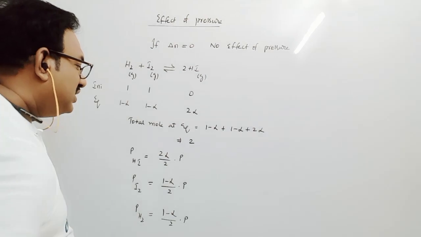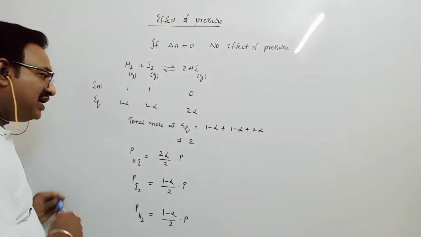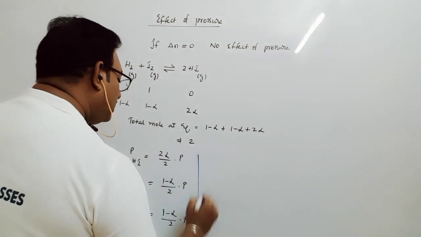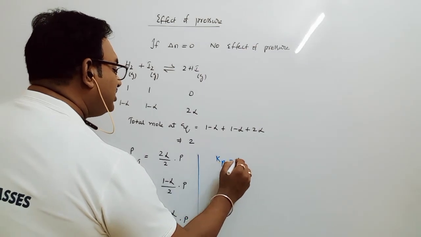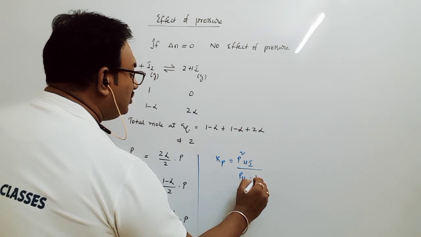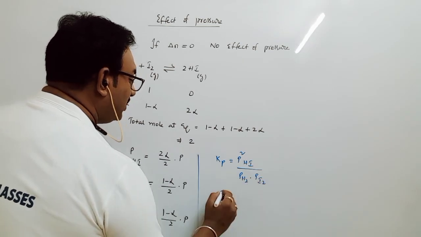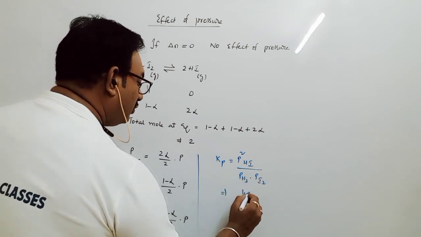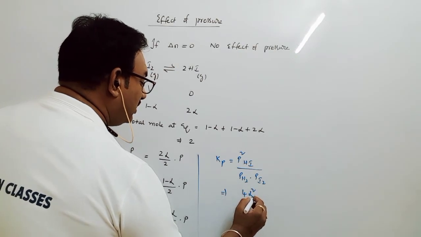Okay. Then what is the expression to calculate Kp? So Kp is equal to partial pressure squared of HI by partial pressure of H2 into partial pressure of I2. So 4 alpha square, right?